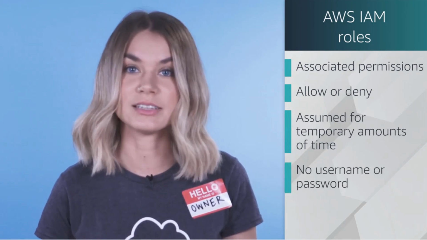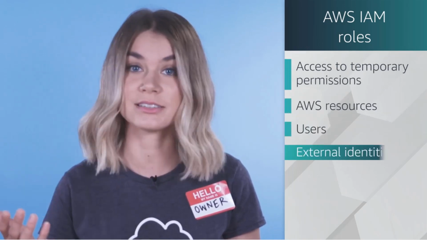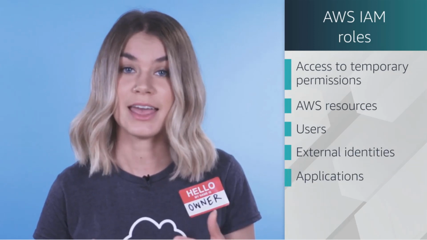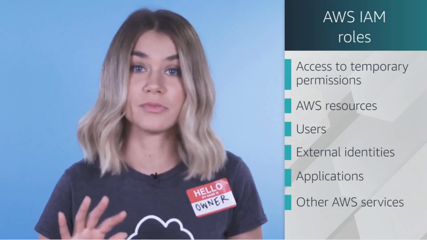Instead, it is an identity that you can assume to gain access to temporary permissions. You use roles to temporarily grant access to AWS resources to users, external identities, applications, and even other AWS services. When an identity assumes a role, it abandons all of the previous permissions that it has, and it assumes the permissions of that role.